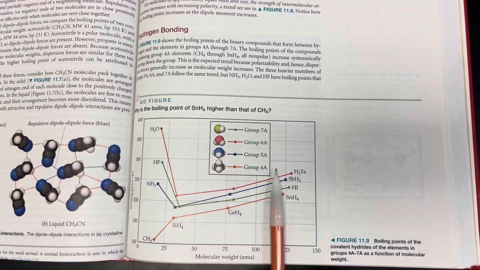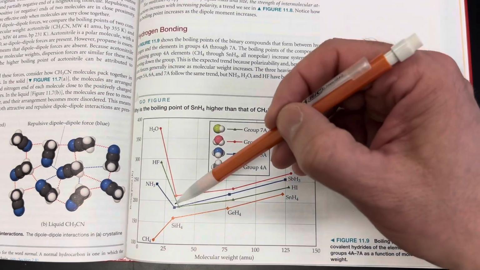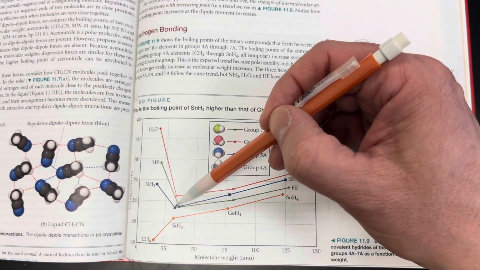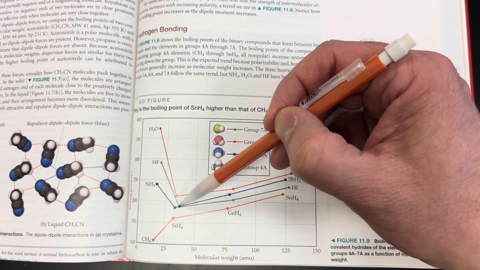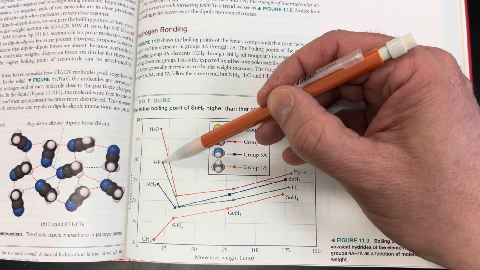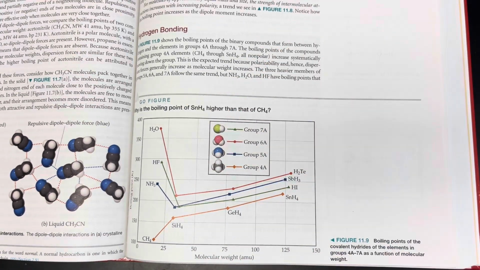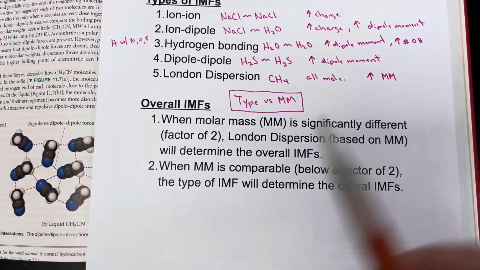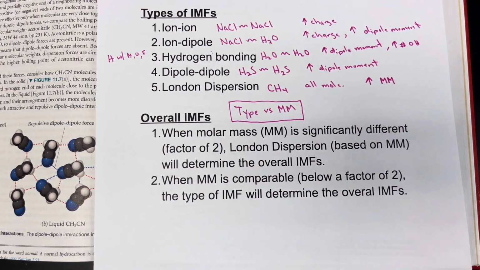As we increase our mass, because of dispersion forces, boiling point goes up. But also, if we change types from dipole-dipole to hydrogen bonding, it spikes up, because when you go from this level to this level, it matters, okay?